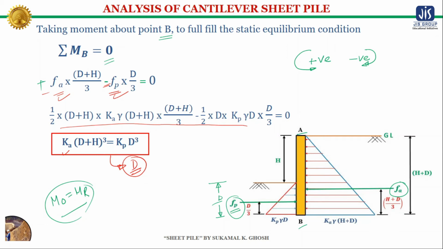We may also calculate the value of this d by equating the overturning moment with the resisting moment. So what was our overturning moment?